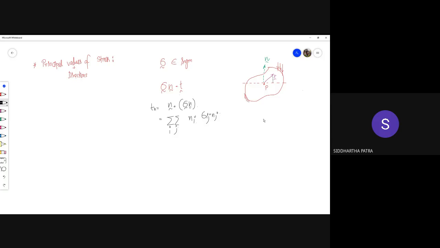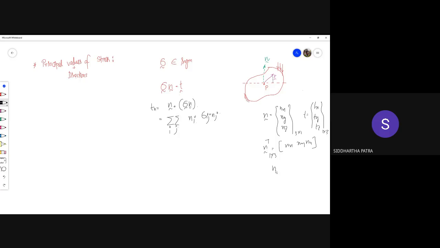Or you can think of a dot product like this. So n is like this vector, right? nx, ny, nz, and t is something like this: tx, ty, tz. So what I'm doing is n transpose. This is 3 cross 1, and I'm doing transpose of n, which would now be a 1 cross 3 vector, which would look something like this: nx, ny, nz in a row.